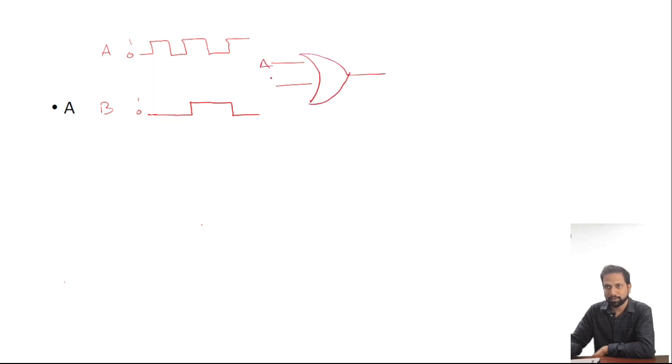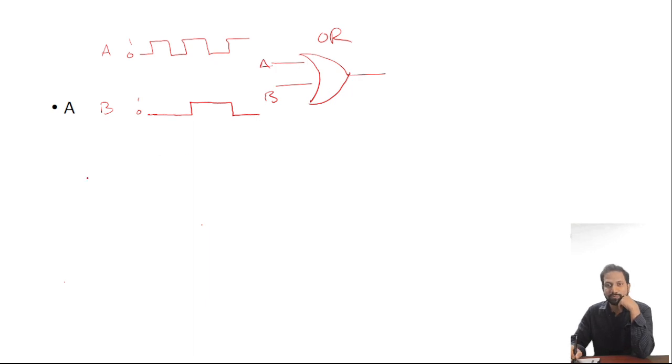Say the A waveform they have mentioned this way, 0, 1. The B waveform they will mention, and this is given to a logic gate, which is this gate, A, B. It is an OR gate, very clear for us.